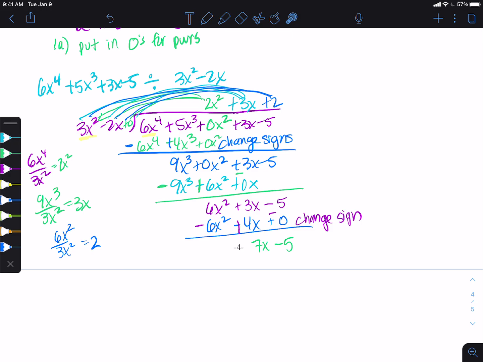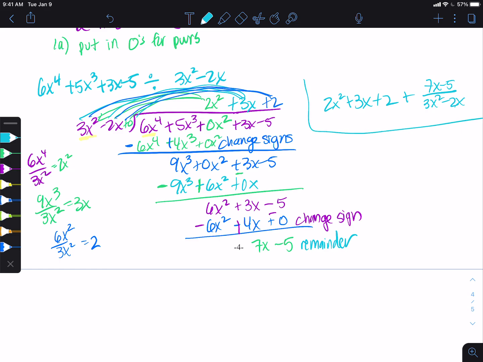So then this is my remainder. So then I have my answer as 2x squared plus 3x plus 2 plus the remainder, which is 7x minus 5, all over what we divided by, which is 3x squared minus 2x. So then this whole thing is our answer.